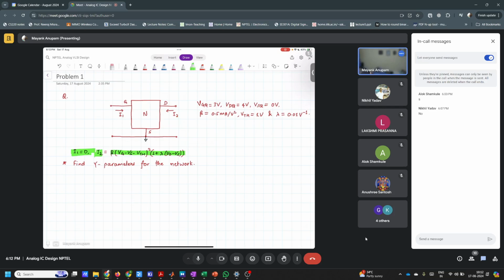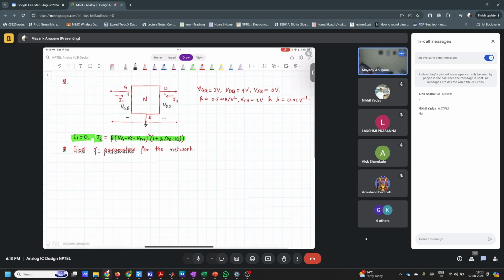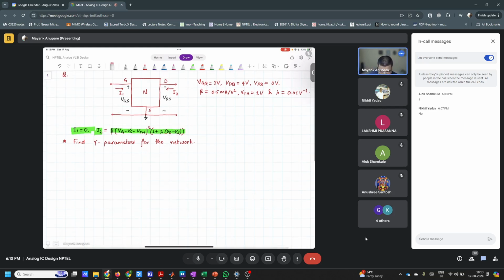So I2 is a function of VGS and VDS. That much is understood from the equation itself.